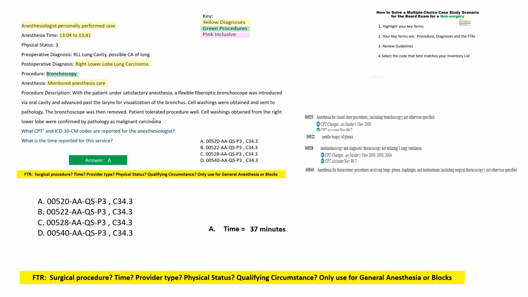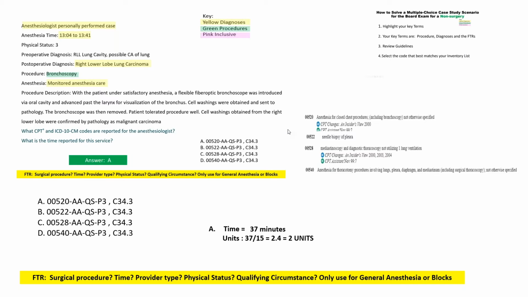And next question, what will be the anesthesia unit? Okay, anesthesia unit for this one is going to be 2 units. How did we get that? We divide the 37 minutes by 15.